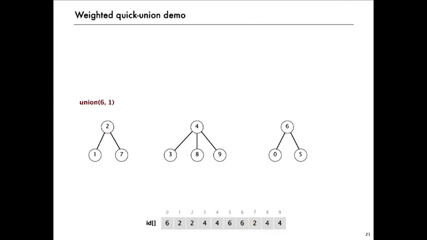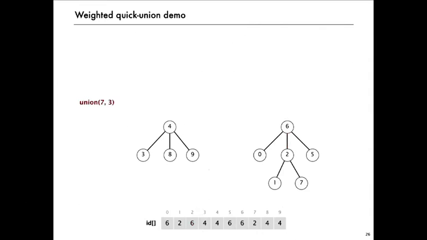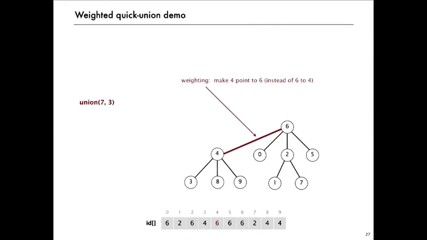They're in equal size trees. And 7 and 3. 3's in the smaller tree, so it goes below. So the weighted algorithm always makes sure that the smaller tree goes below.